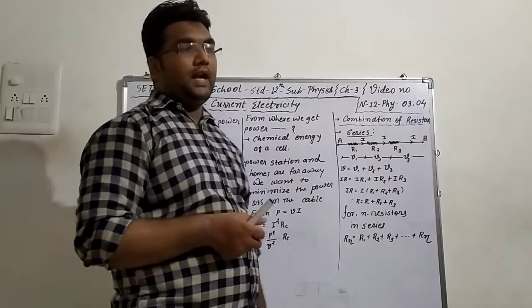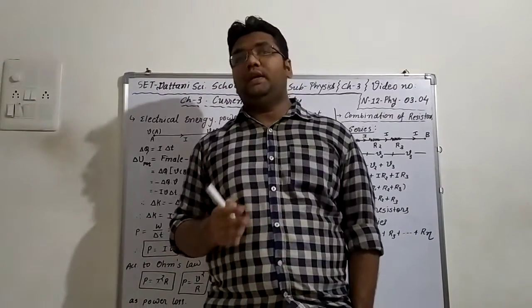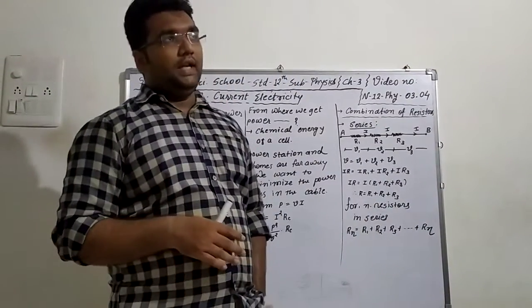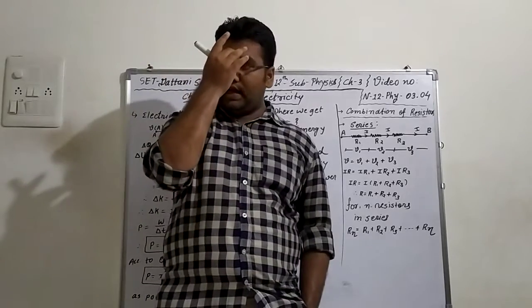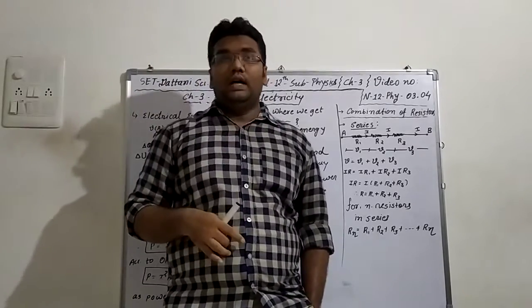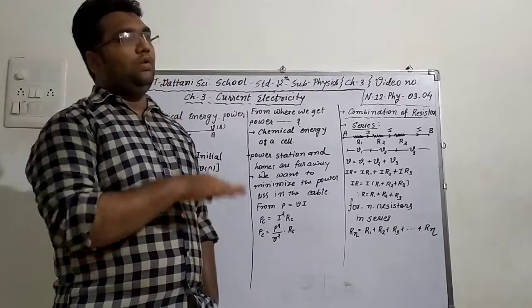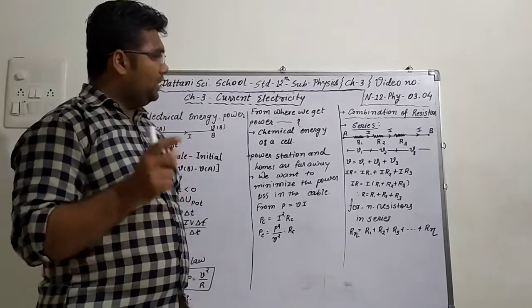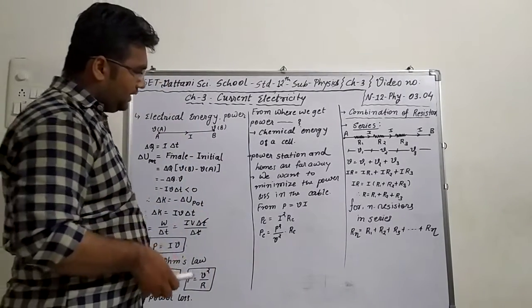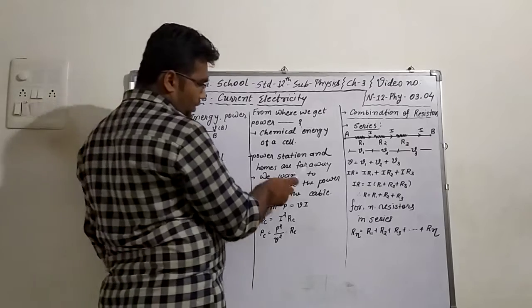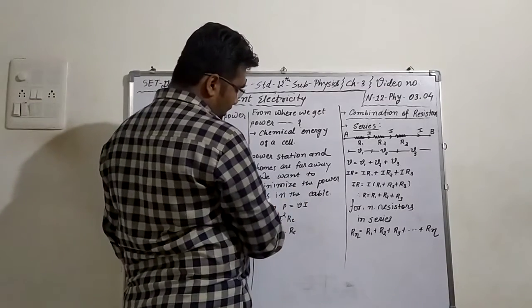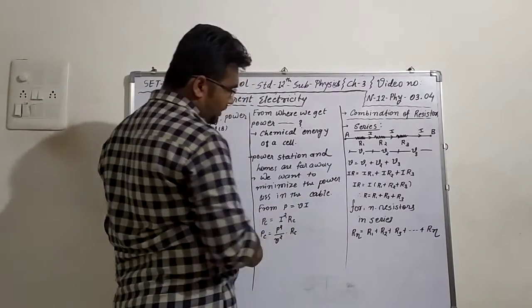The transmission lines also have their specific resistance. There are no transmission lines that have no resistance. All types of materials have some type of resistance, and we want to minimize the power loss in the cable.